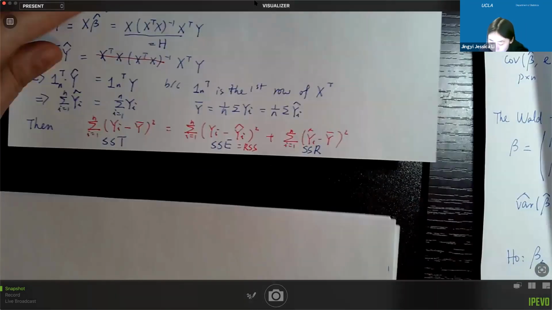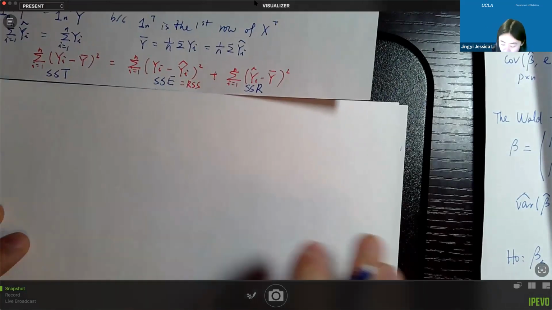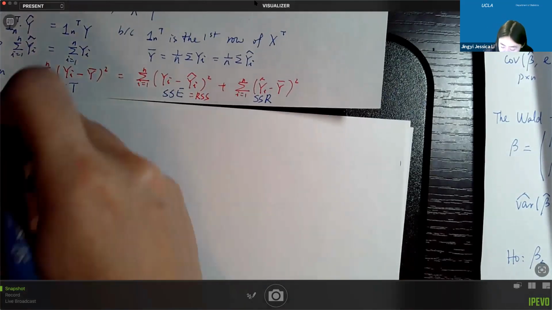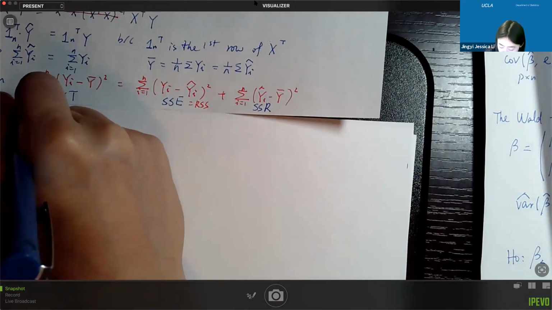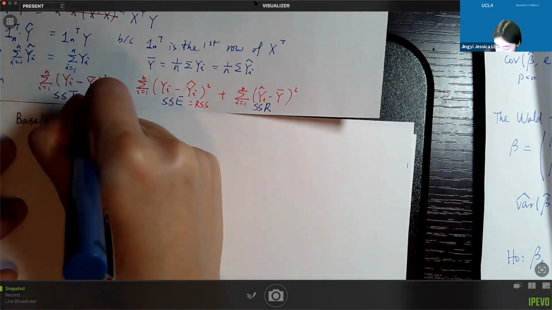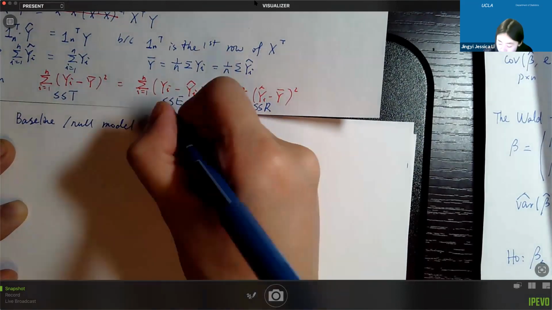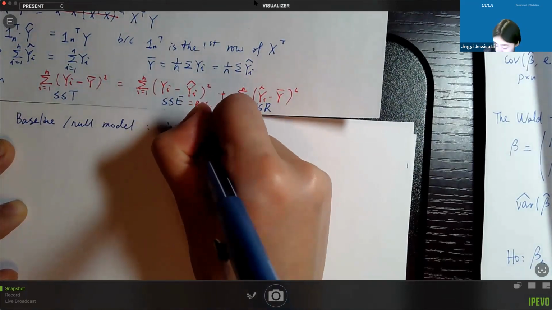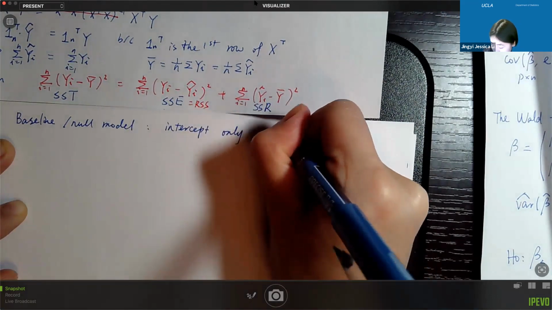So ANOVA, people write it in the table. Let's say that you consider the baseline model, or you can think of it as the null model, as just the intercept-only model.